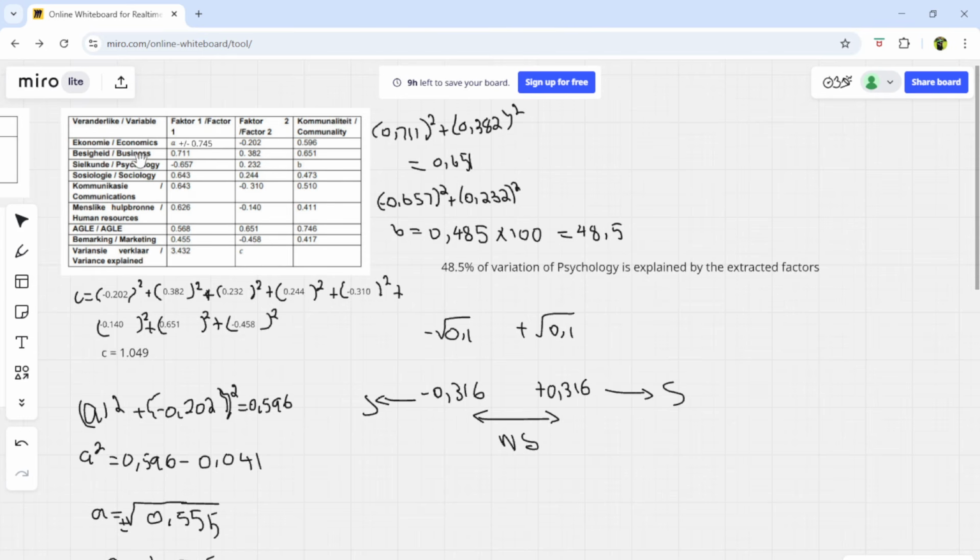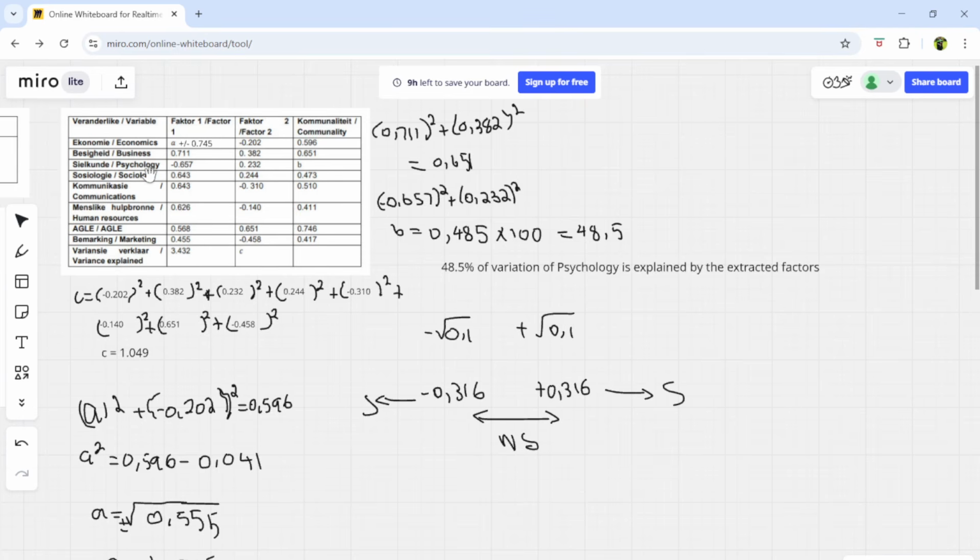For example, economics: should it be factor 1 or factor 2? We can use the significance of the factor loadings to determine that. We see that economics is significant in factor 1 because minus 0.745 or positive 0.745 would be significant. In factor 2, it is not significant. So economics should be associated with factor 1, and we do the same for all the other variables.